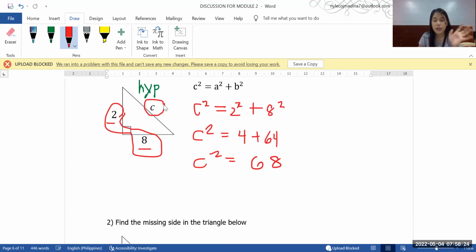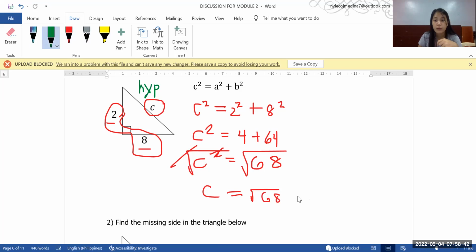Yung hinahanap tayo is C. So ang gagawin nyo is square root. Ang matitira ay C equals square root of 68. Or, if using your calculator, i-insert mo square root of 68.